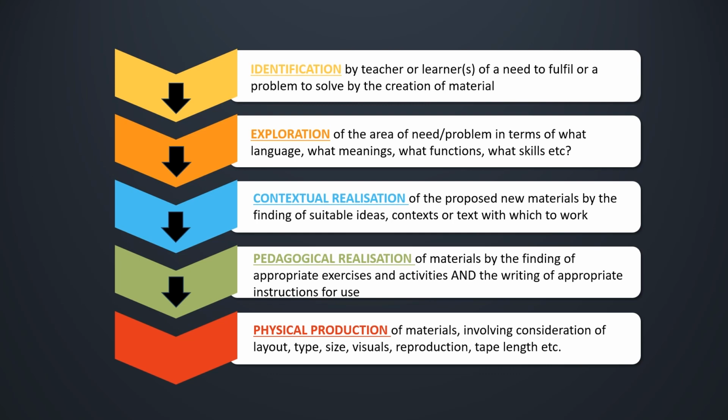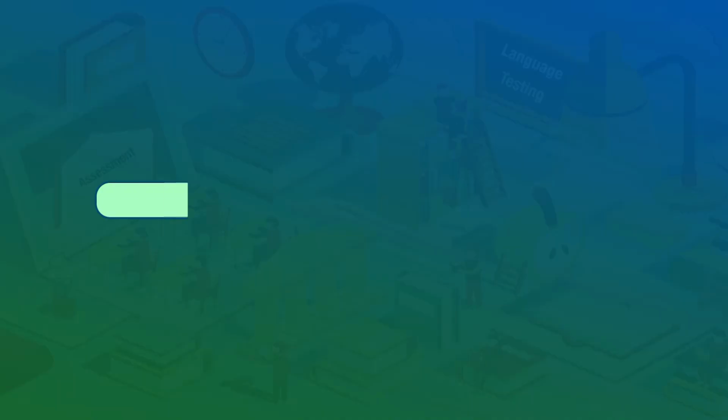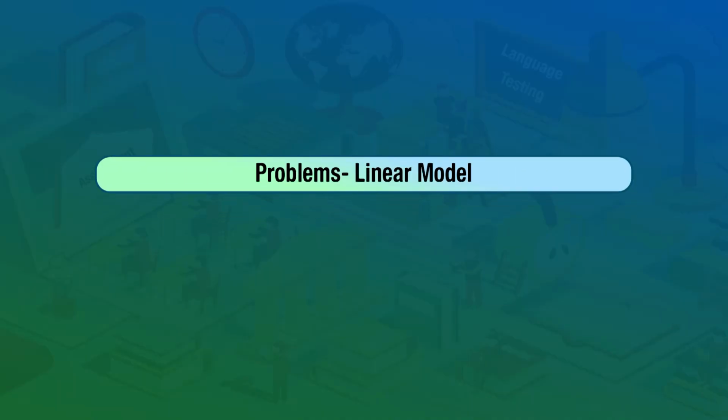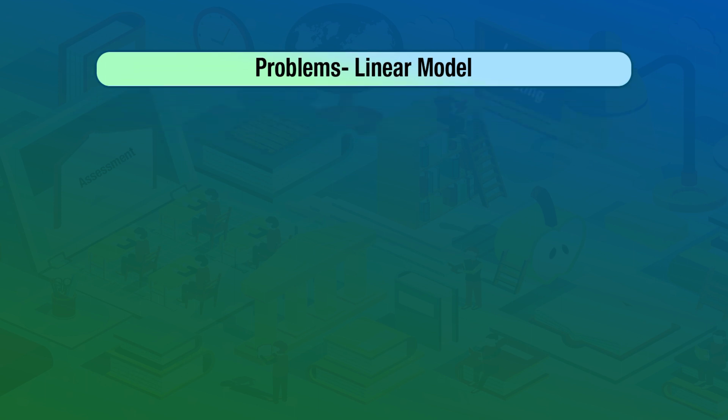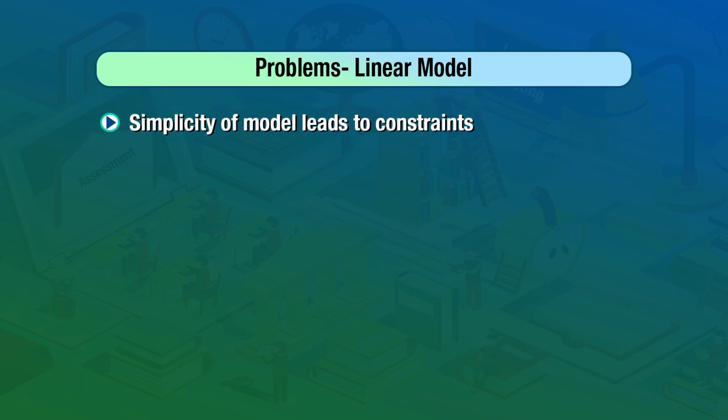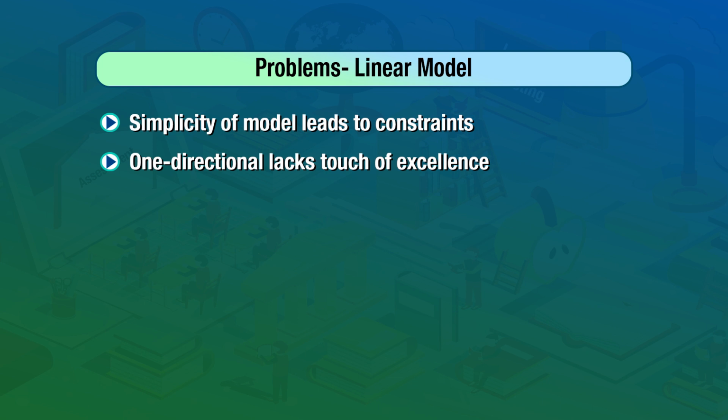Generally, materials developers move in this particular direction from identification of needs to their final use. However, they may or may not use all the steps identified in the figure. The simplicity of this model does become a constraint for many publishers. One directional simplicity of this model, however, may be what makes so many published materials lack the final touch of excellence.